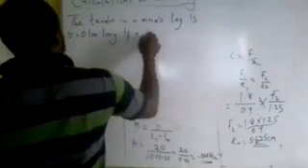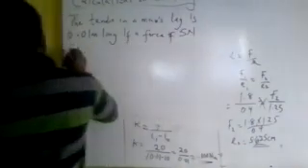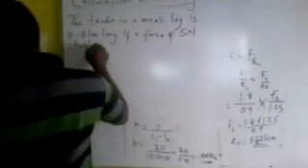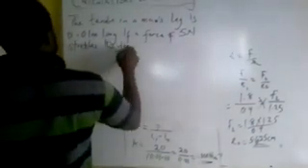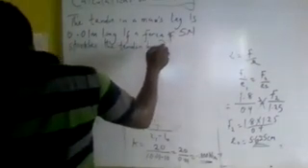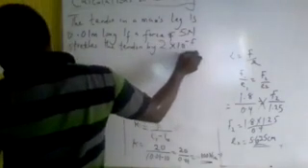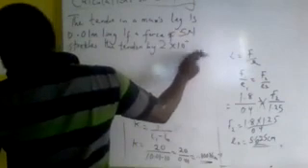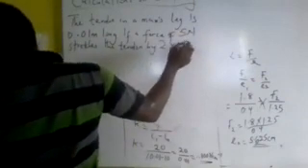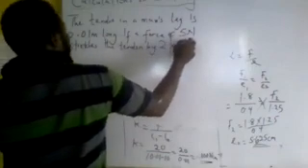If a force of 5 newtons stretches the tendon by 2 times 10 raised to the power of minus 5 meters.